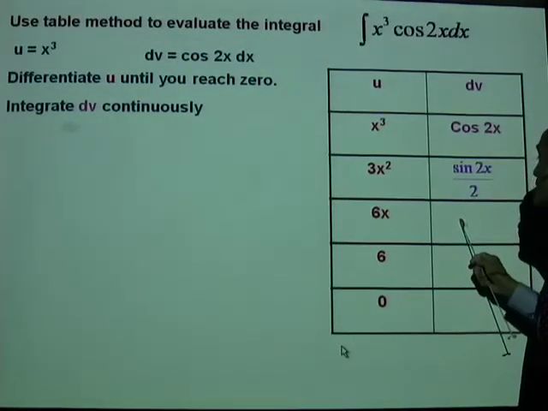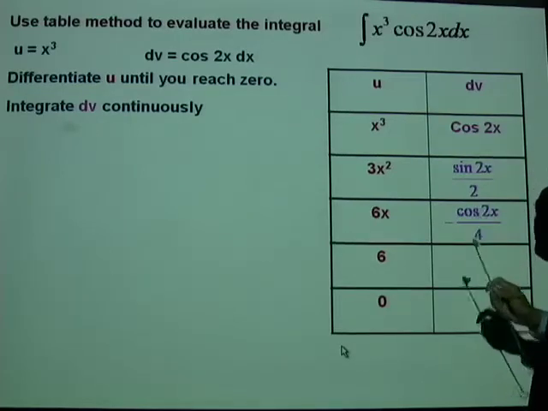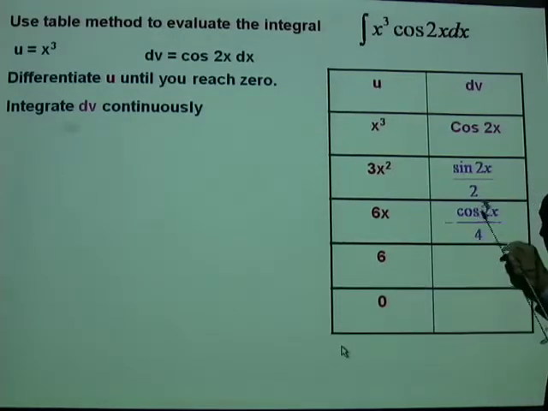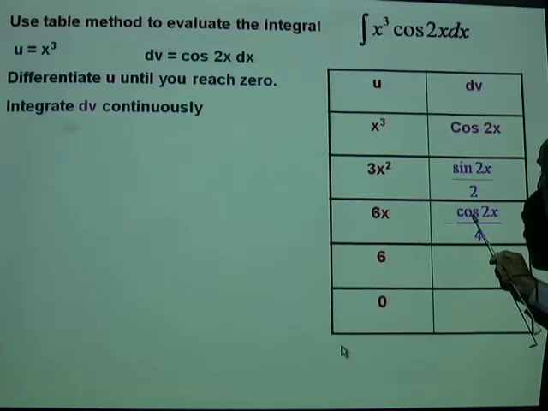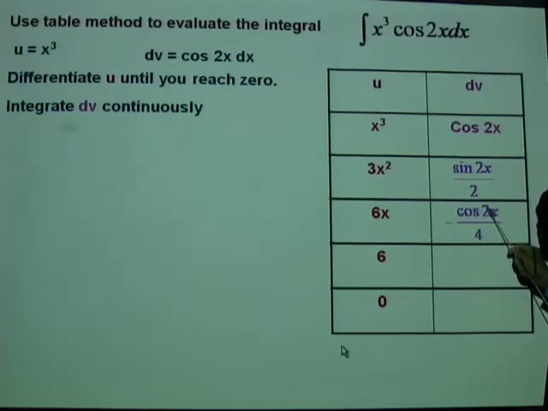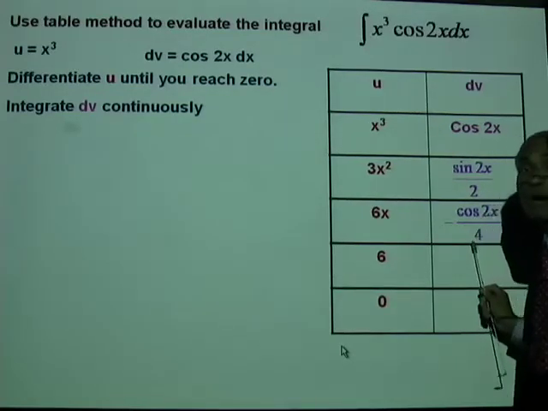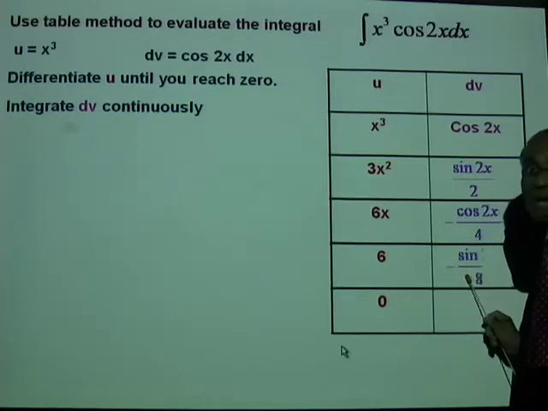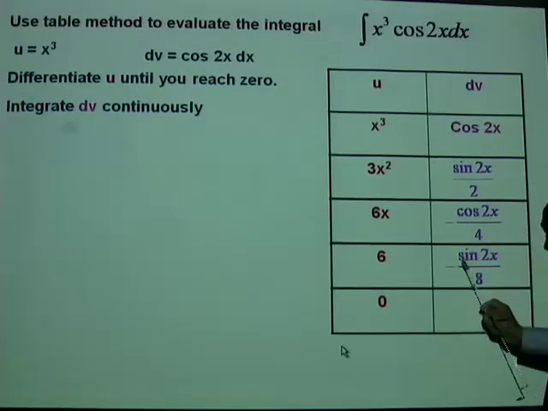So that will be negative cos 2x over 4. And what do you get if you integrate this? The integral of negative cos 2x over 4 dx will be negative sine 2x divided by 8. There you go.